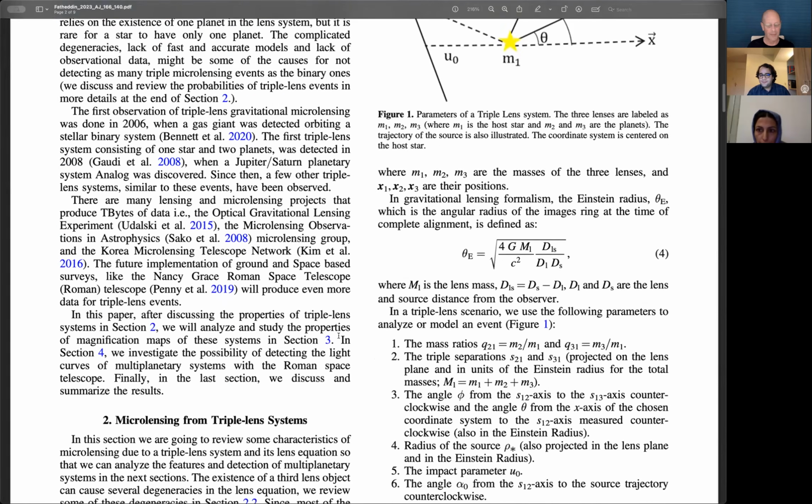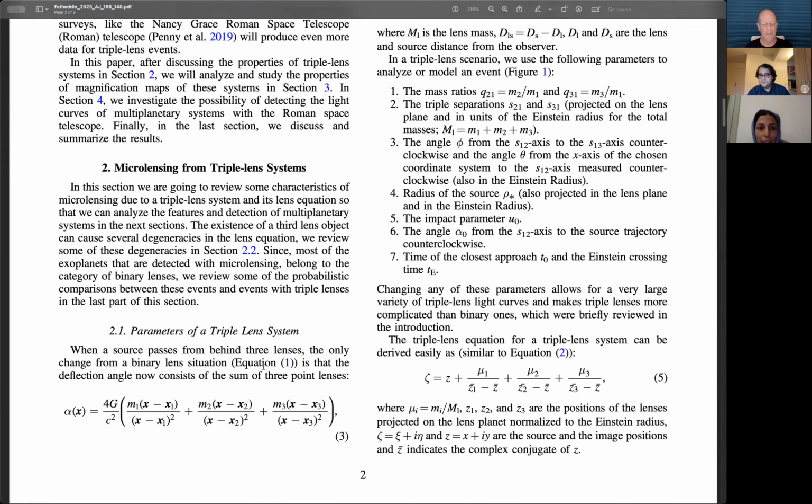Thank you. In equation 3 we add another term related to the third object, so we have 3 parts for the deflection angle.